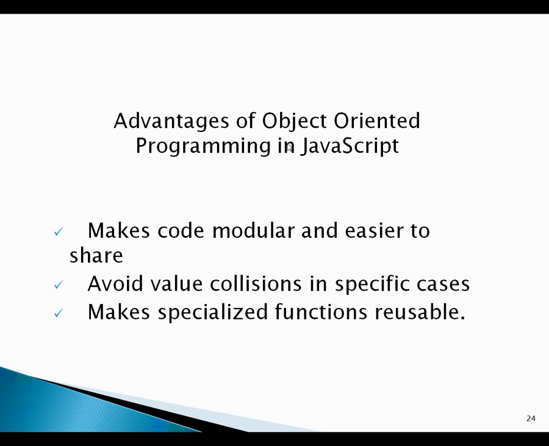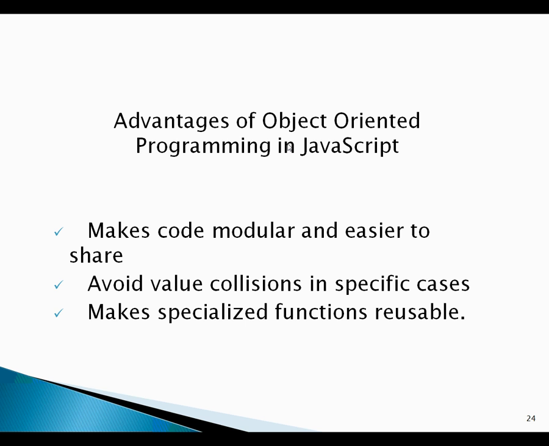Advantages of object-oriented programming in JavaScript: makes code modular and easier to share, avoid value collisions in specific cases, makes specialized functions reusable. This approach seems to be a very good approach when building web applications, enterprise web applications.